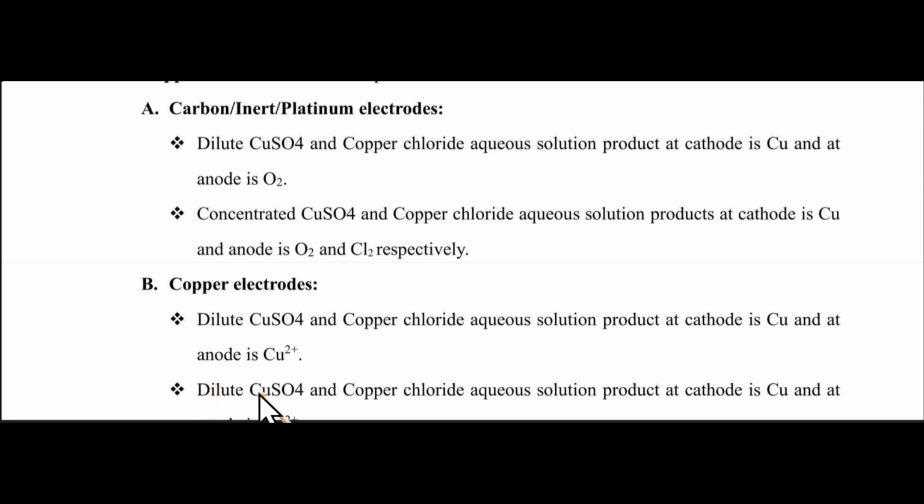But if you are using inert electrodes, then at the anode you will get oxygen if the solution is dilute, and if it is concentrated, then for a chloride you can get chlorine gas. The concentrated solution will give you your own anion in that compound.